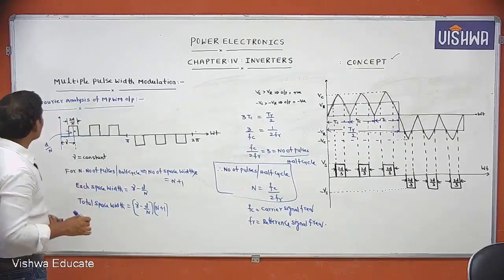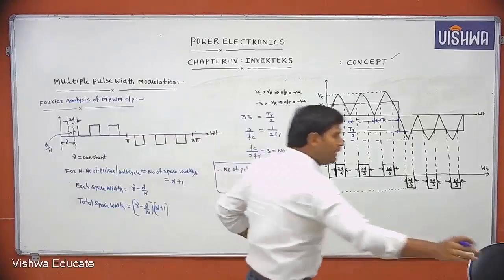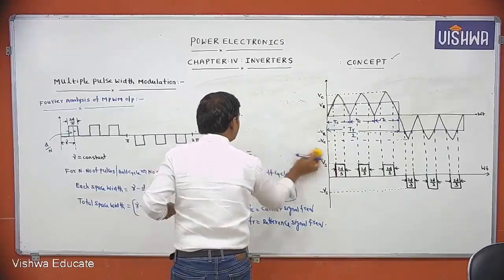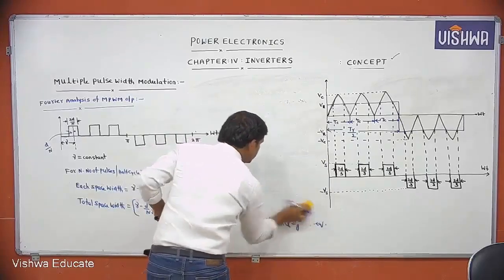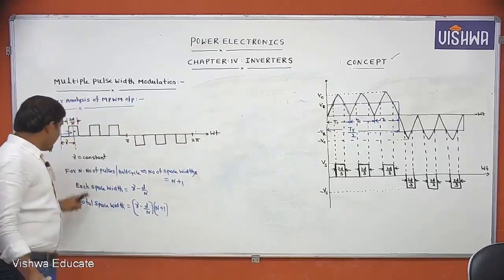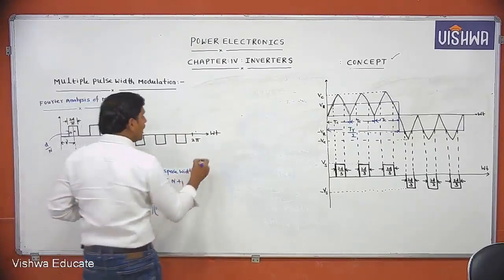Now tell me, this total is pi. If the total is pi, shall we equate like this?